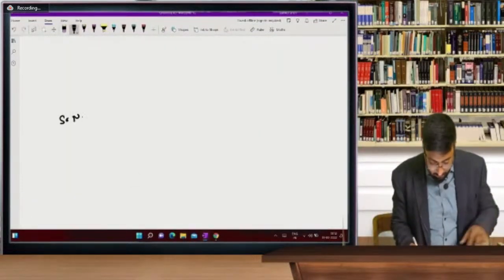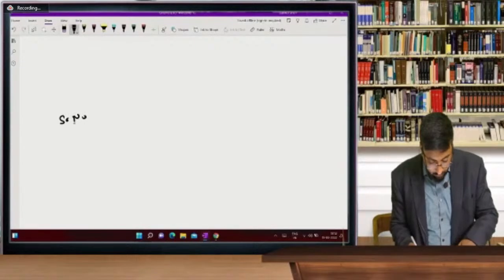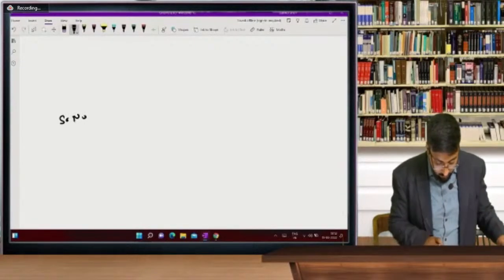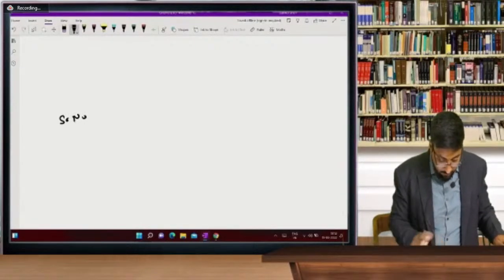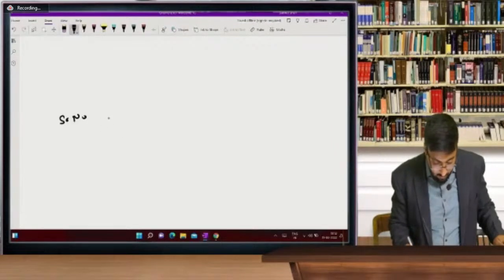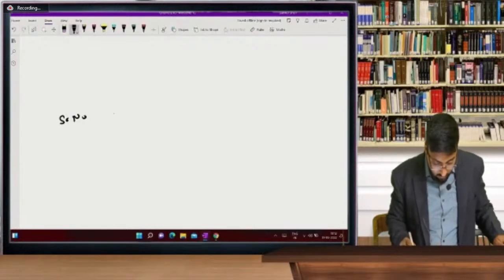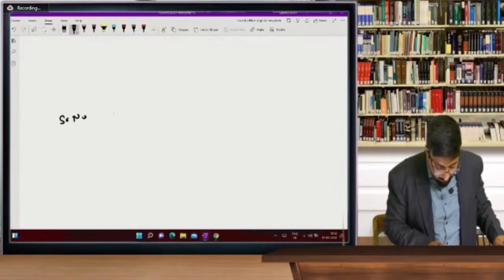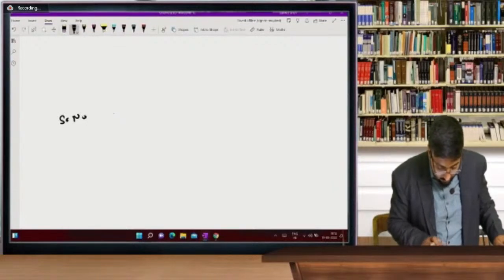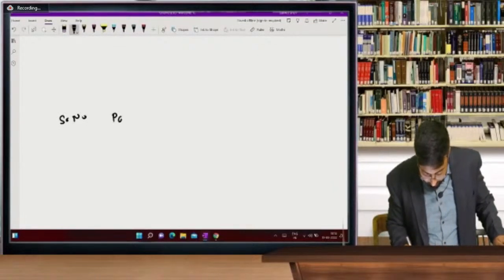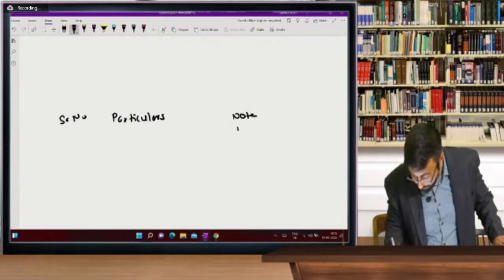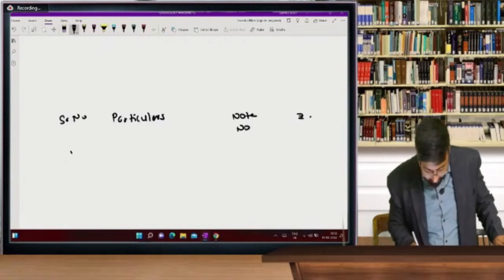Serial number, particulars, note number, rupees. 1.